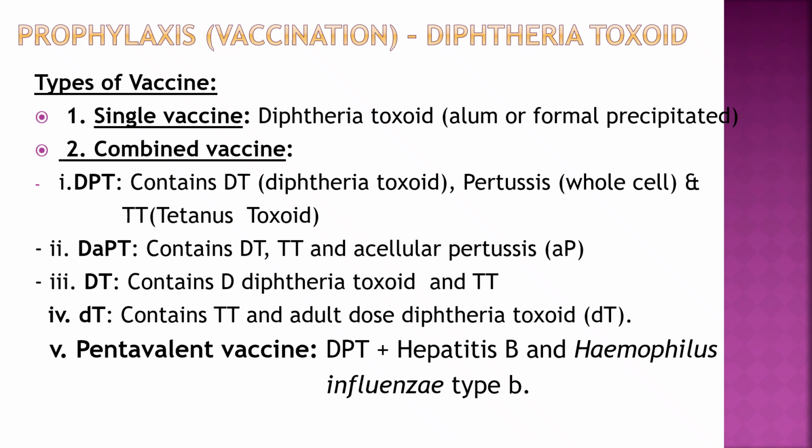DaPT is diphtheria, tetanus, and acellular pertussis. DT is diphtheria and tetanus. Small dt is tetanus and adult diphtheria toxoid. Pentavalent vaccine contains diphtheria, pertussis, tetanus, hepatitis B, and Haemophilus influenzae type B.